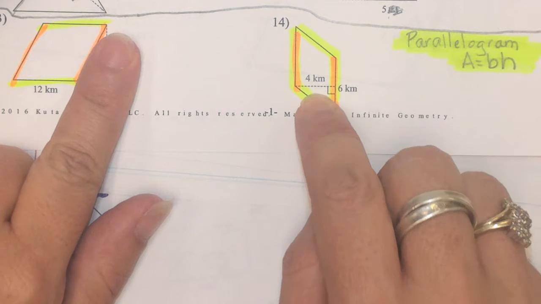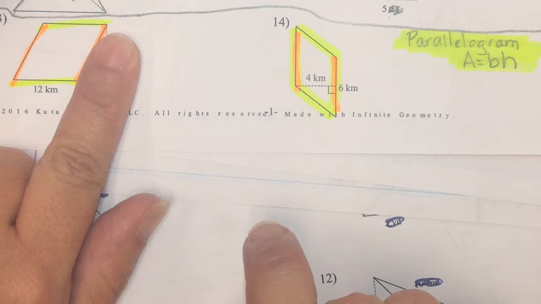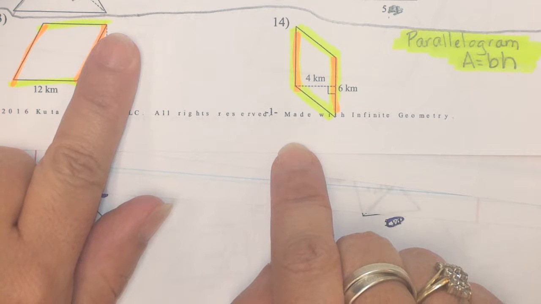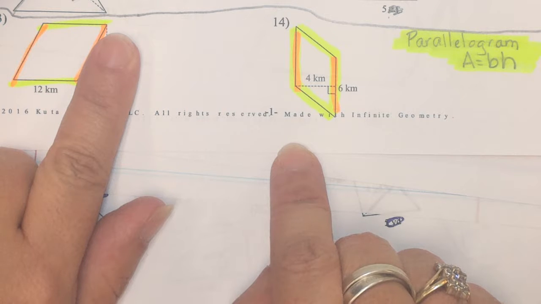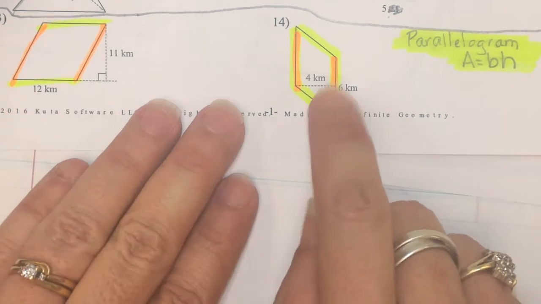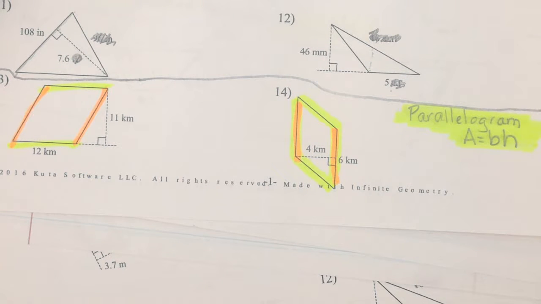If you're not sure what the shape is, you might have to cover it up for a minute to figure it out. But the formula for this one and the rectangles are the same. A parallelogram to me is like a rectangle that's been pushed on its side. So it's the same formula, which is good.